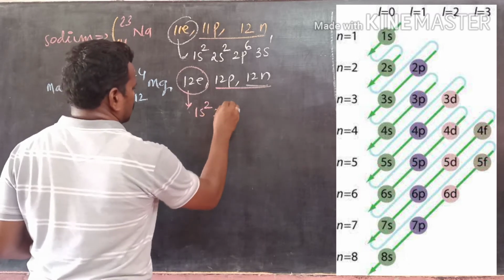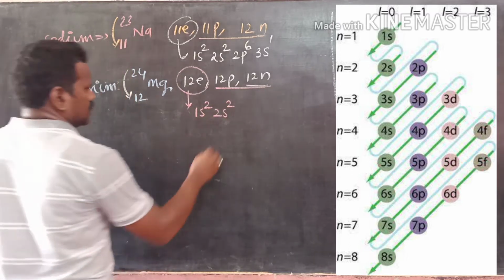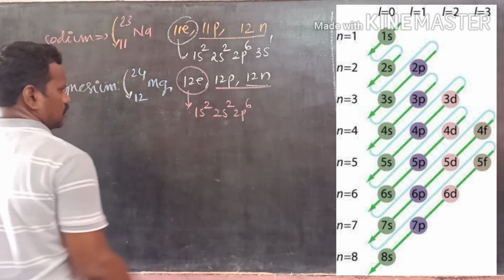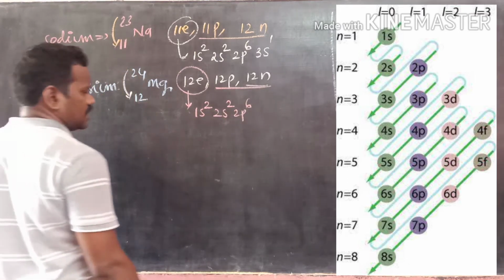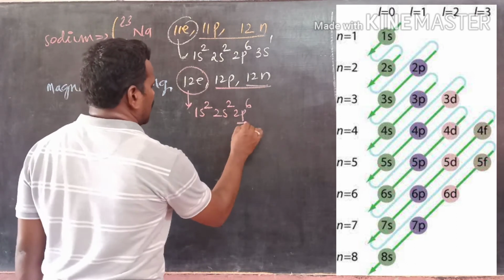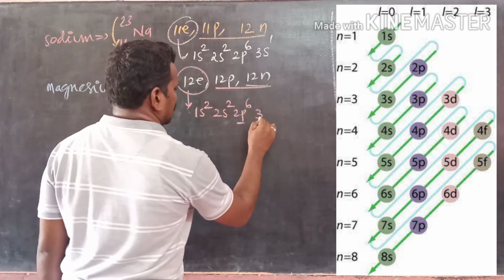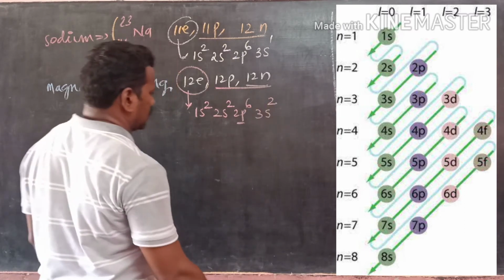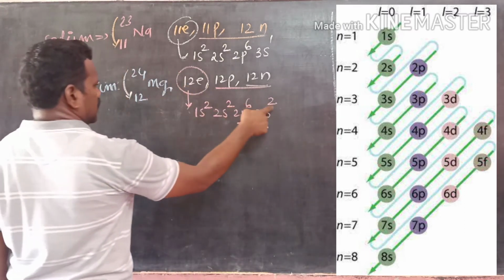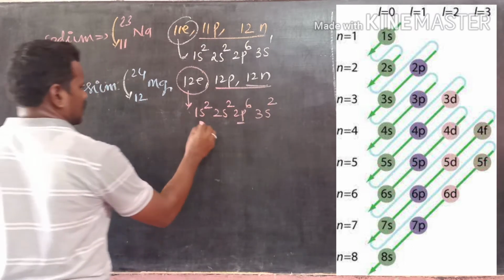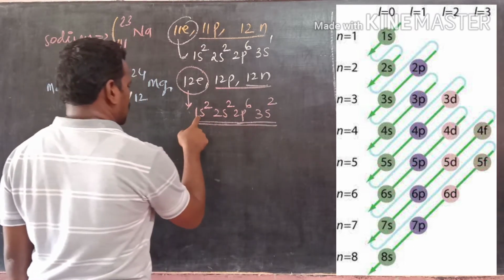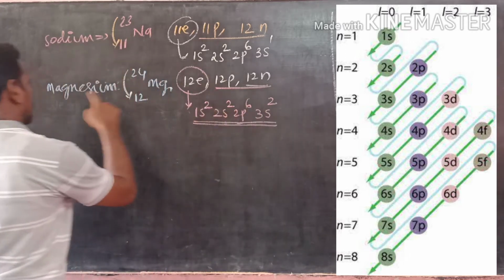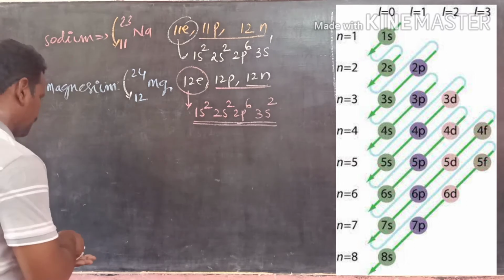After 1s, the next orbital is 2s, then 2p, which takes a maximum of 6 electrons. Till now 10 electrons are completed, and 2 electrons remain. After 2p, the next orbital in increasing energy order is 3s. So 3s accommodates 2 electrons, because only 2 electrons are left. Then the electronic configuration becomes 1s2, 2s2, 2p6, 3s2. This is the electronic configuration of magnesium.